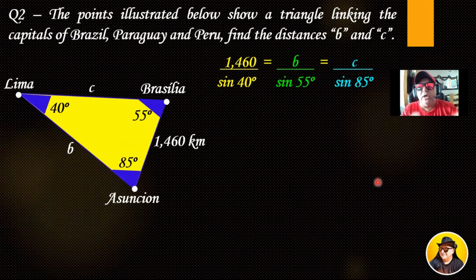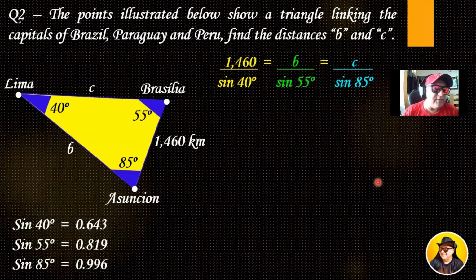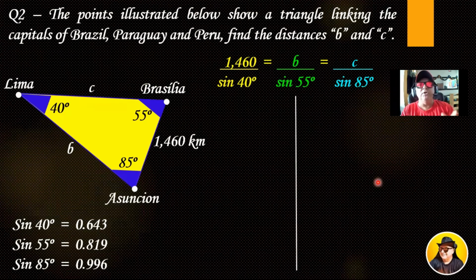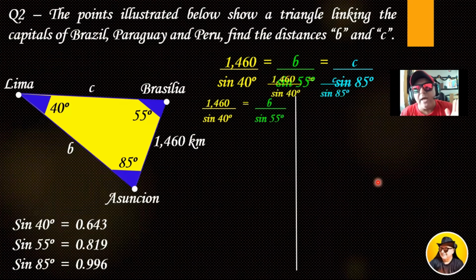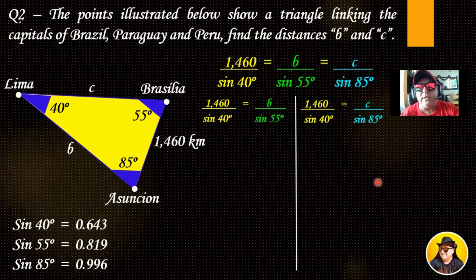Now the sines of 40 degrees, 55 degrees, and 85 degrees were given. And now I'm going to split up the situations. I have one part of the question on the left, and the other part of the question on the right. Okay?